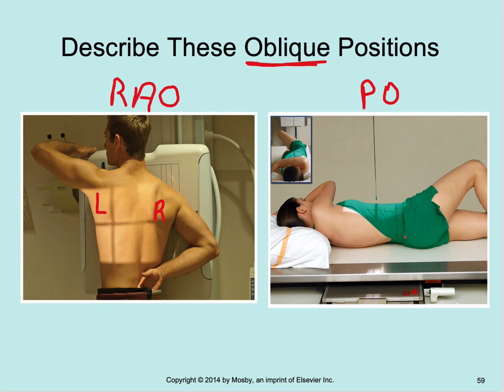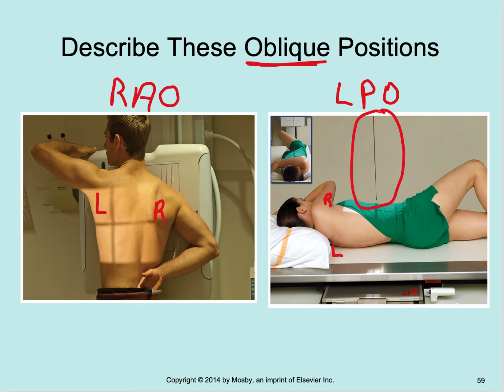Now all we have to determine is whether it is the right side that's closest or the left side that's closest. If we look at this patient, we know that the elevated side is the right side, and the down side over here is the left side. So now we are in an LPO position.